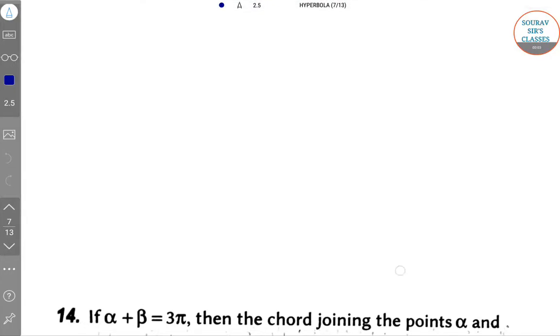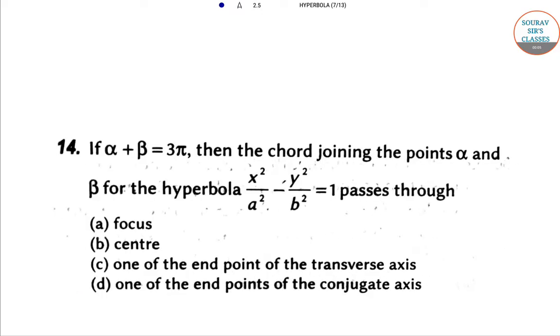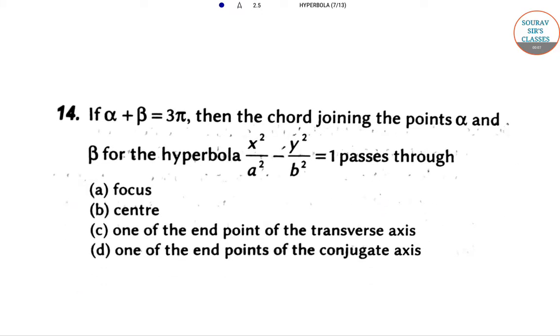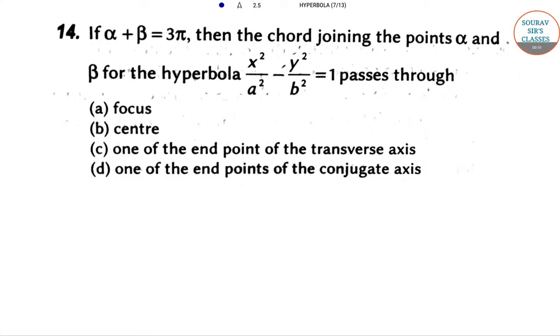Let's discuss something regarding hyperbola. So the question goes like this.